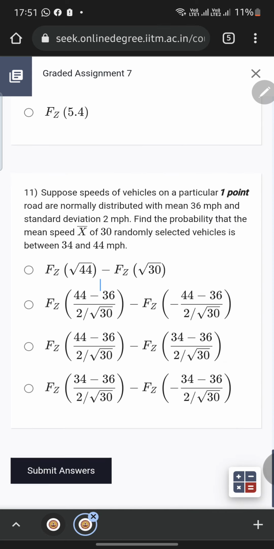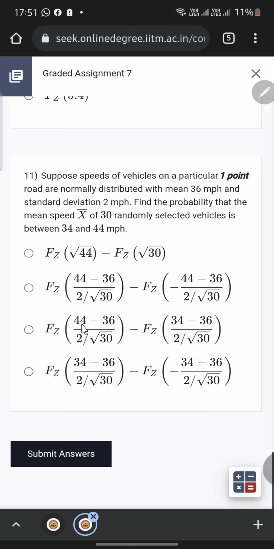So the next question, last question is, suppose the speeds of the vehicles on a particular road are normally distributed with a mean of 36 miles per hour. Okay, and the standard deviation is 2 miles per hour. Find the probability that the mean speed of 30 randomly selected vehicles would be between 34 and 44.